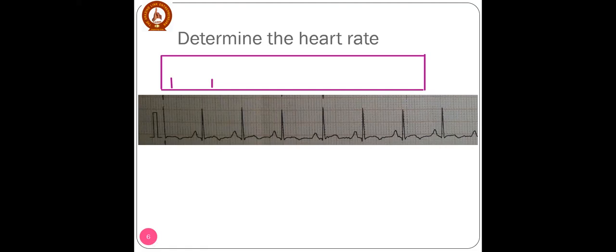The second formula, 1,500 over Y, is preferable when there is no discrete number of big squares within the RR interval, that is, when the RR interval accumulates some incomplete big squares. So the small squares will be used to determine the heart rate.